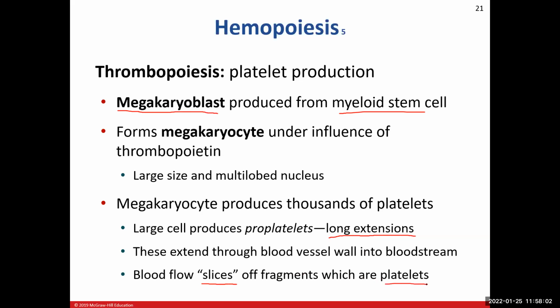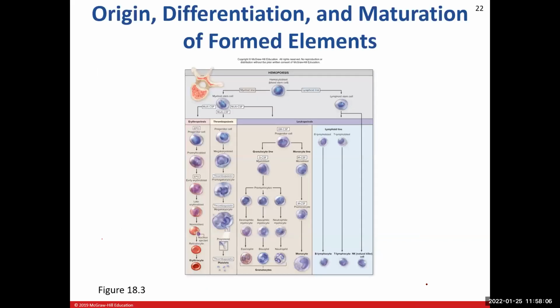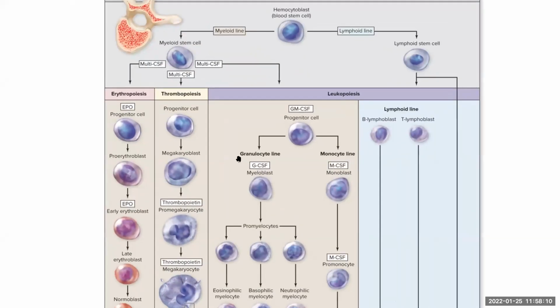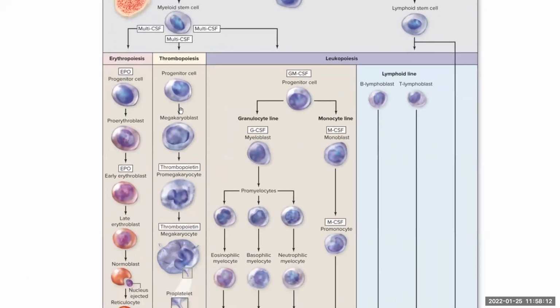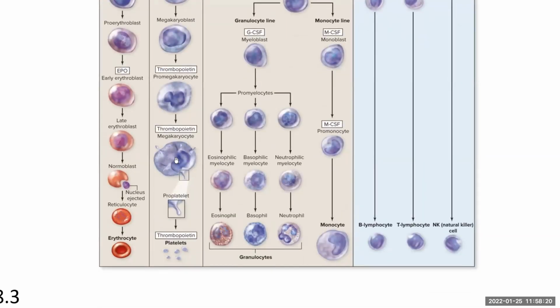If you ever look at a blood smear, platelets are really small. Well, let me go back to this one. Just real quick here, you can see, again, we won't go through all the fun stuff. Here's that thrombopoiesis, and it turns into this megakaryoblast. Then eventually it differentiates into a couple different types, but then eventually it turns into what we call a megakaryocyte. And the megakaryocyte will have these extensions here.